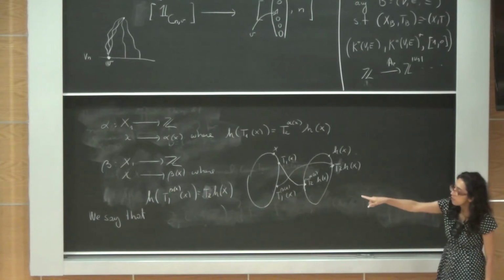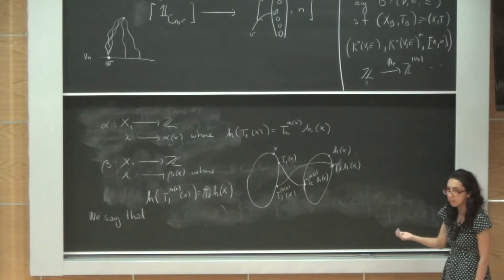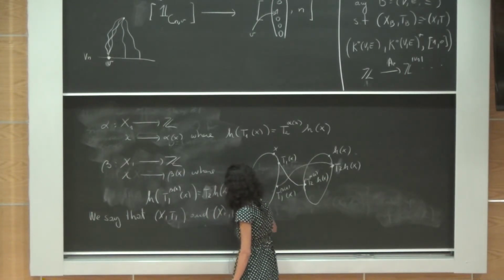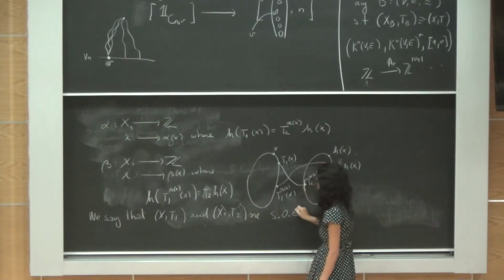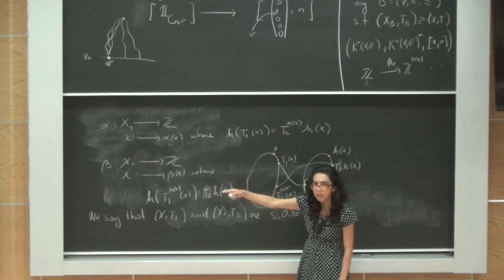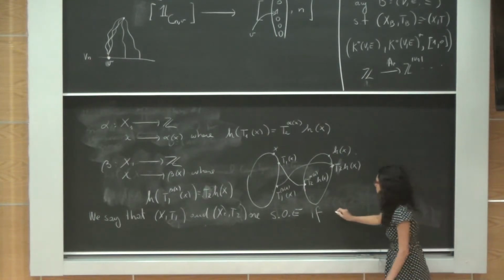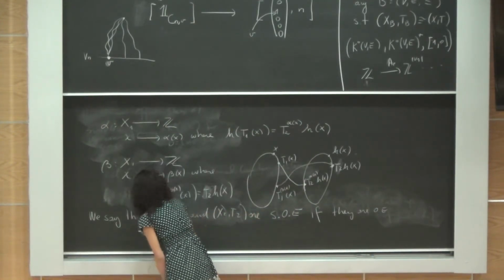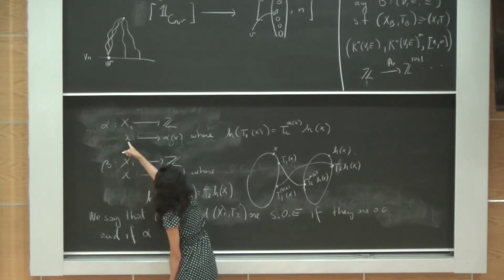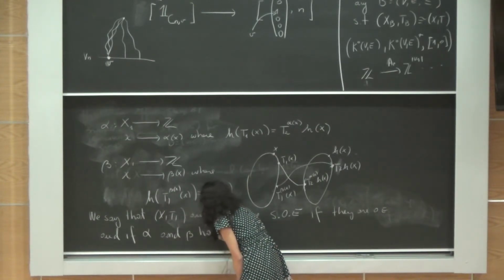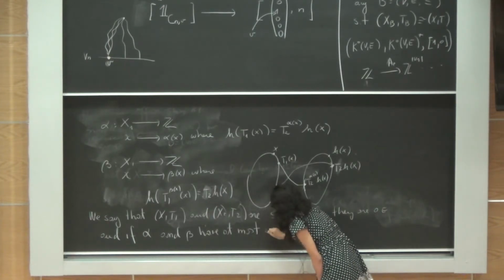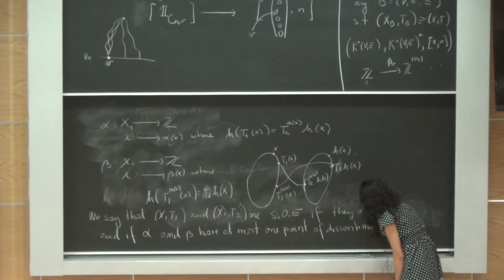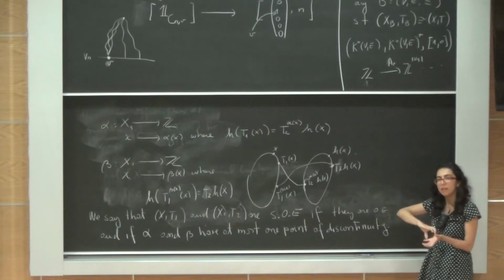We say that those systems are strong orbit equivalent if they are orbit equivalent, and if the functions alpha and beta have at most one point of discontinuity. So this is an orbit equivalence, but in a very ordered way.